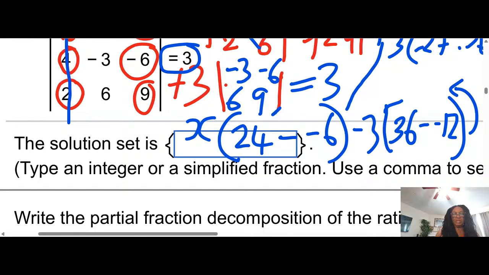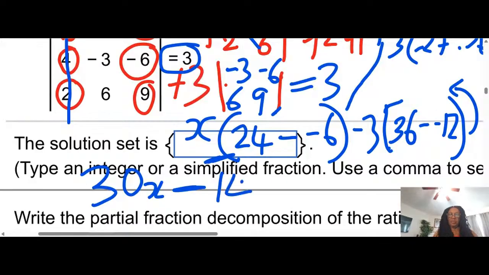So I'm going to write 30x here. So I just evaluated this one. Then I have minus right here, which is actually 48 times 3. So 48 times 3 should give me 144.